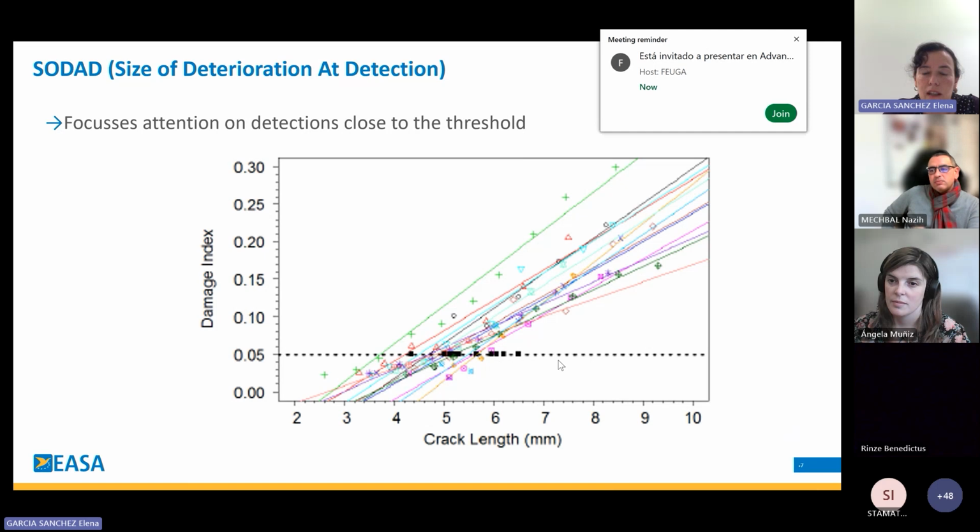This is the data that you will use. This one was discovered at 4 point something, 5, and this was only detected at about 6 millimeters. Then you will take the crack length that is the 90-95 probability that will be detected, which will be closer to the larger damages, like 6. I imagine in this case it will be 6 something millimeters.